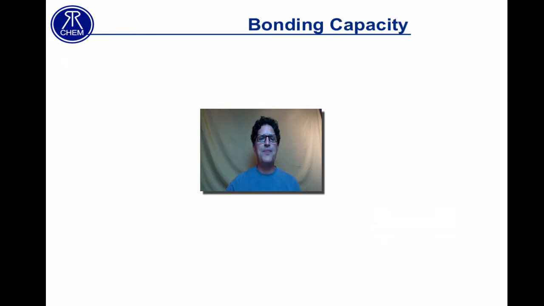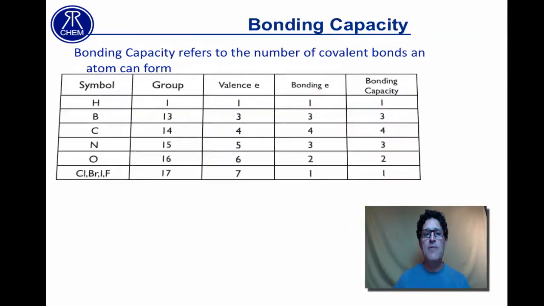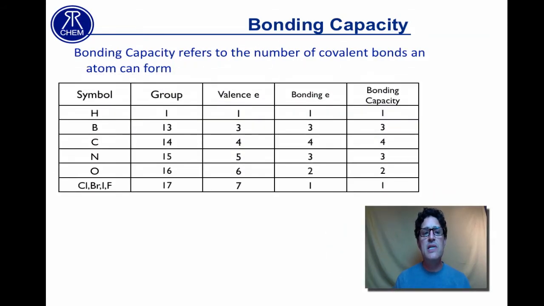In order to determine how many bonds an atom will form, we have to refer to something called bonding capacity. And bonding capacity refers to the number of covalent bonds an atom is capable of forming. If you look at the table, you can see that hydrogen, for example, is in group 1, has one valence electron and one bonding electron.